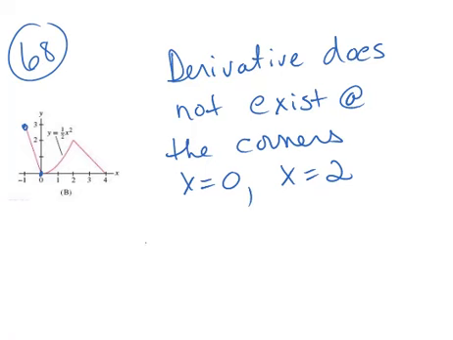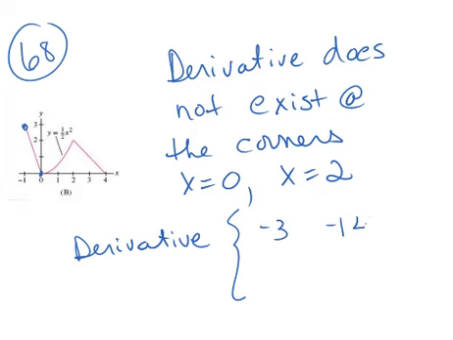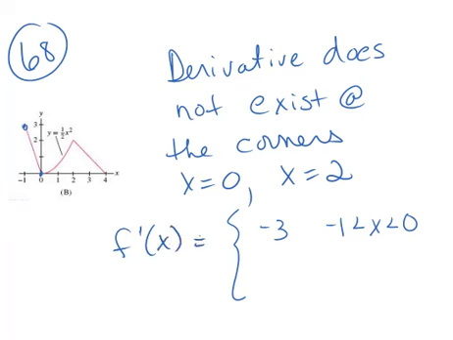So the value of the derivative for x values from -1 to 0 is going to be -3. That's for -1 < x < 0. All right. And if that's f, we could call that f prime of x. It's kind of fun. It's going to be a piecewise derivative.